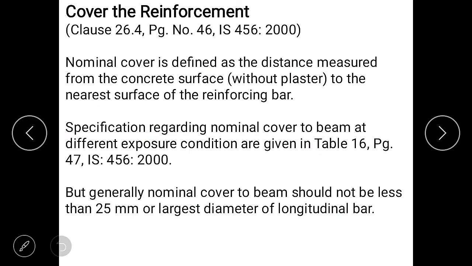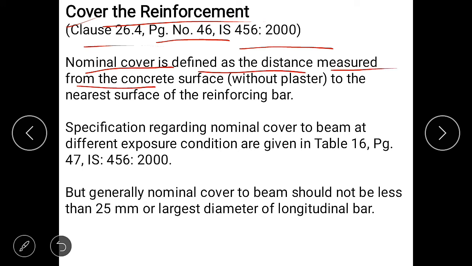so, cover to the reinforcement. IS 456 2000, page number 46, clause number 26.4. Here the size of the cover is provided. Nominal cover is defined as the distance measured from the concrete surface, without plaster, to the nearest surface of the reinforcing bar.